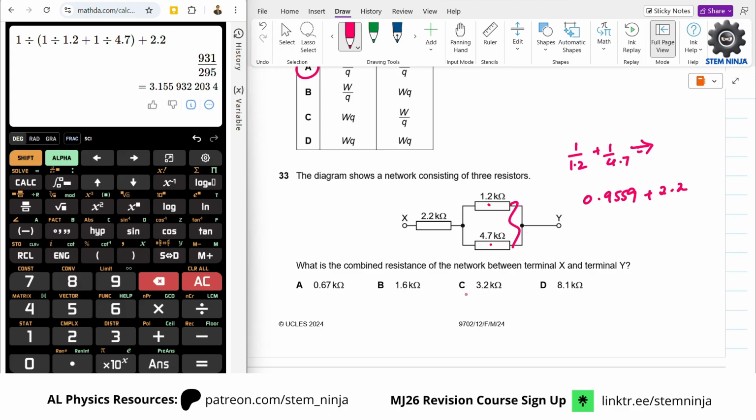So this is going to be 3.155, so this is going to be C.